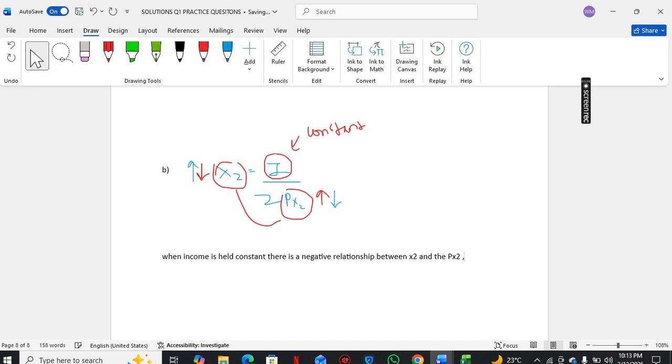Okay, if px2 increases, x2 decreases, and vice versa.